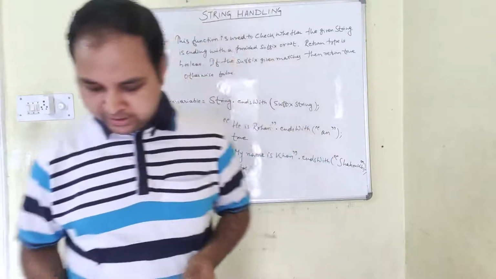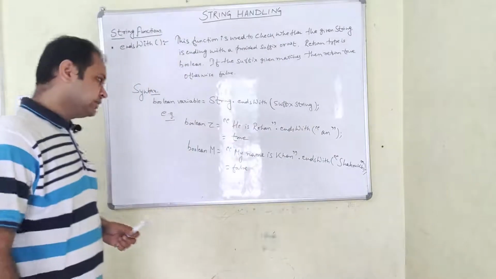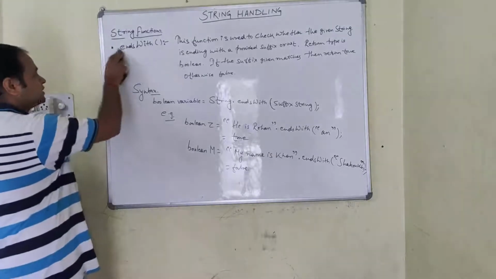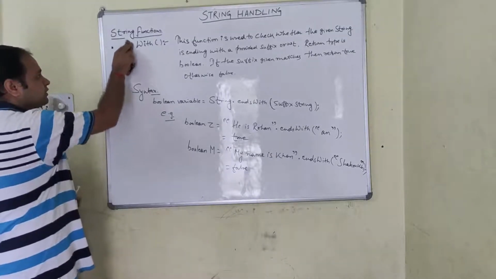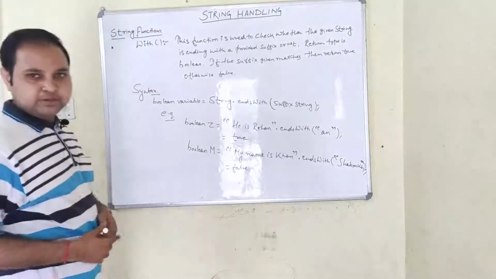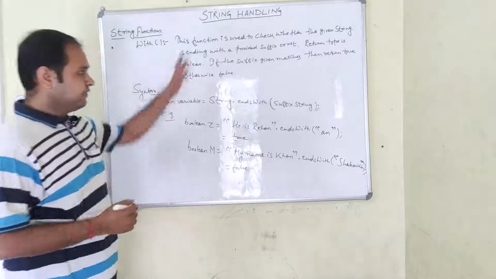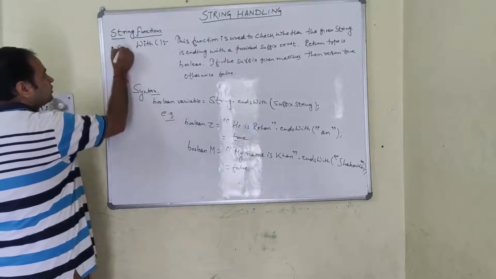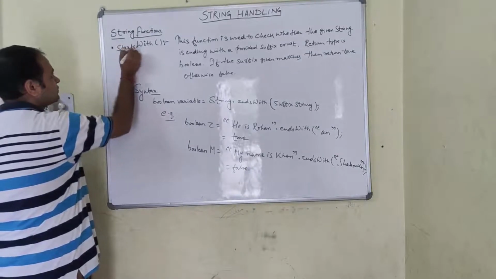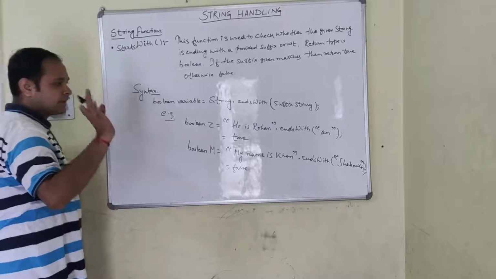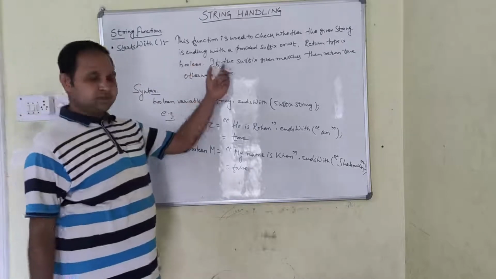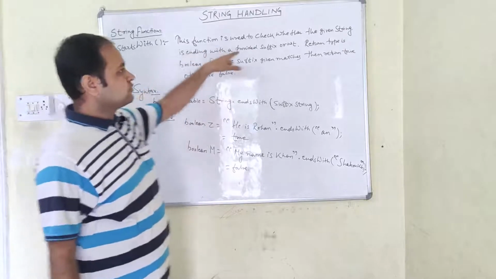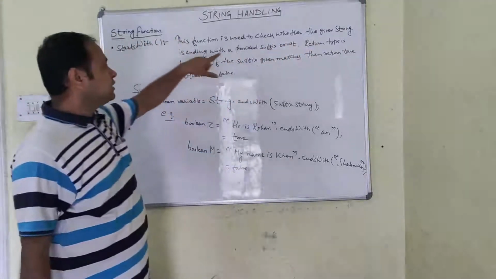Okay. And similarly, we have another function, just a modification of it, that is startsWith. So the next function I am discussing with you is startsWith. I am not writing this function completely, I will just modify the definition over here. startsWith, only the W is capital. As endsWith checks the suffix, startsWith checks the prefix. So this function is used to check whether the given string is starting with the provided prefix or not.